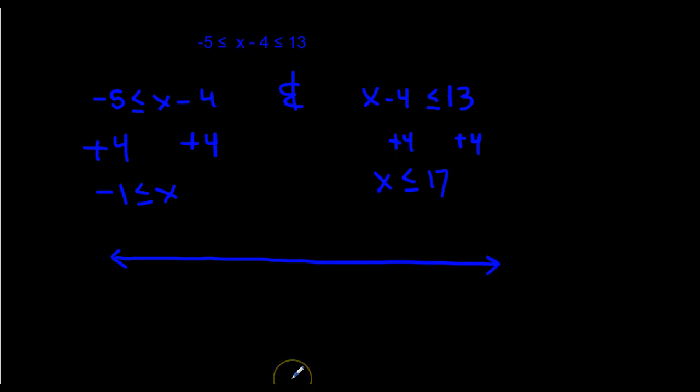Okay. So this says that x is, if I was to rewrite this, x is greater than or equal to -1. And this is easy to read. So x is greater than or equal to -1. So let's just put a -1 down here. We could also put in a 0 if we want. We don't have to. Let's put in a 17 because we're going to need that too.